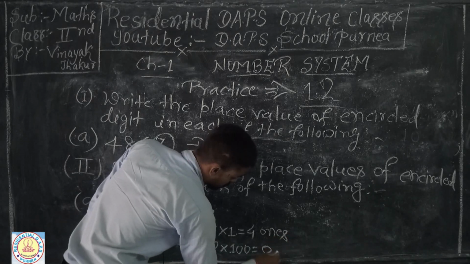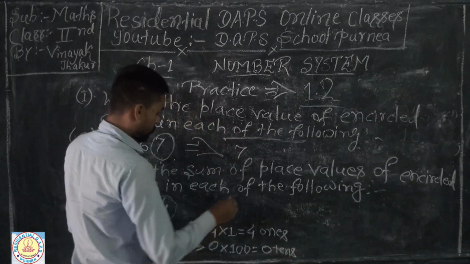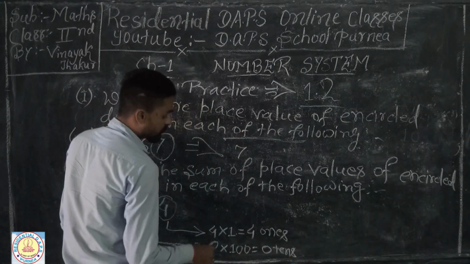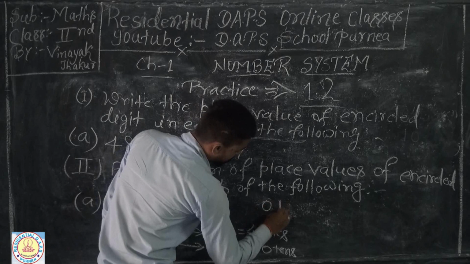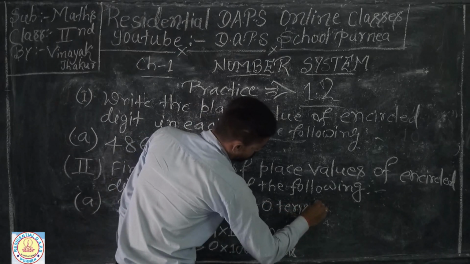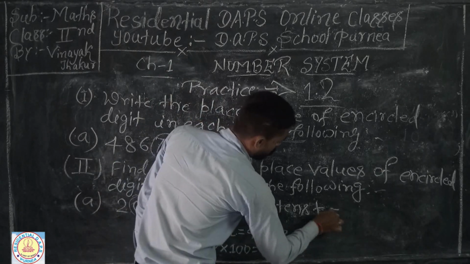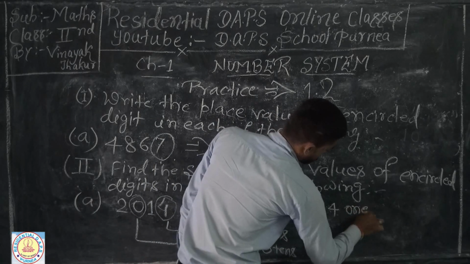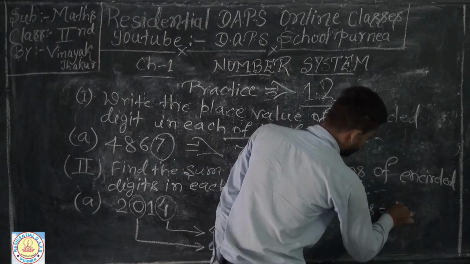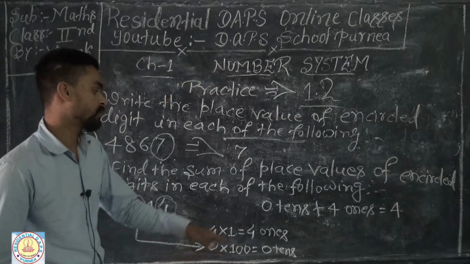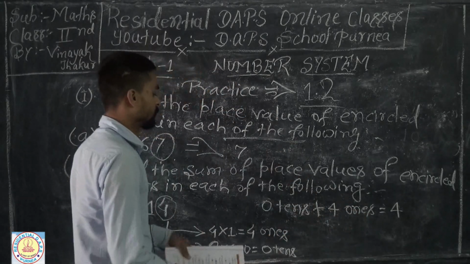If you add these two, 0 tens plus 4 ones, you will find only 4, because if we add 0 to any number we get that same number.